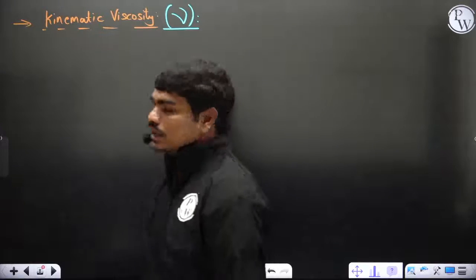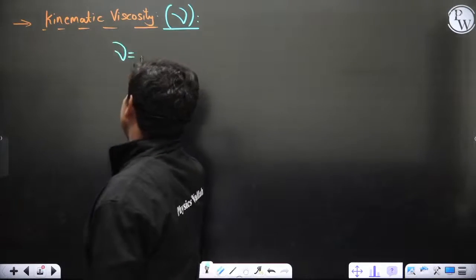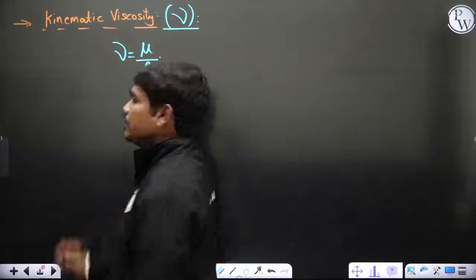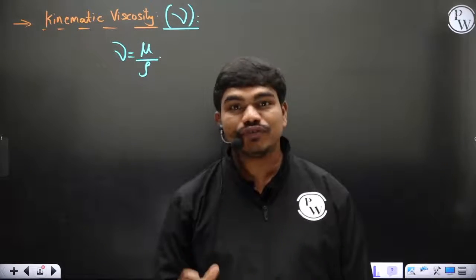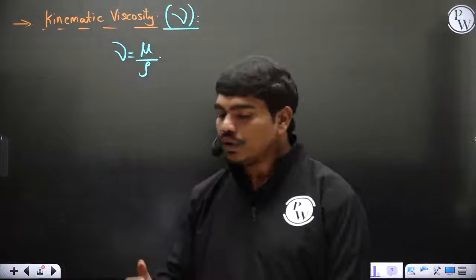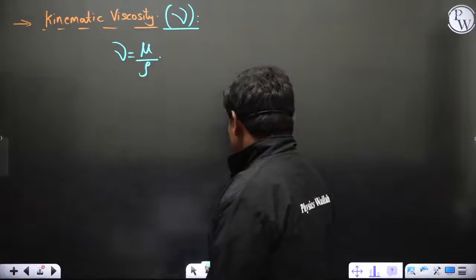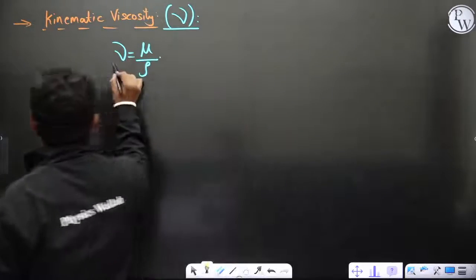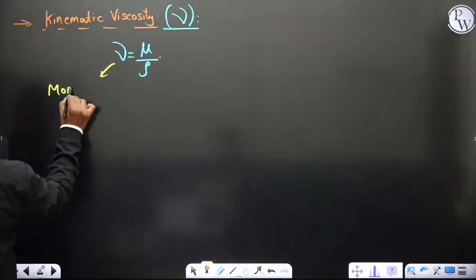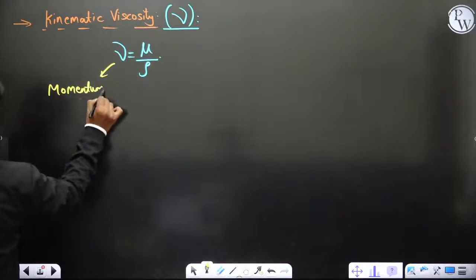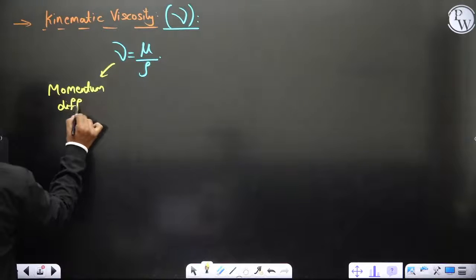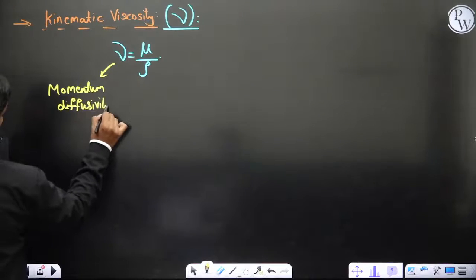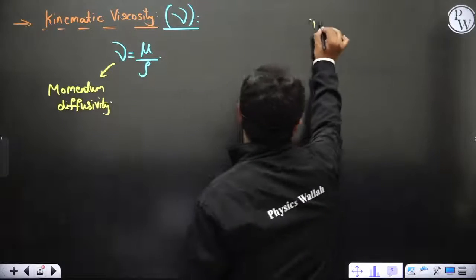Kinematic viscosity is actually equal to mu by rho, and this is a very powerful property. You know why this property is very important, and also many times this is called momentum diffusivity, which is very much analogous to thermal diffusivity alpha.